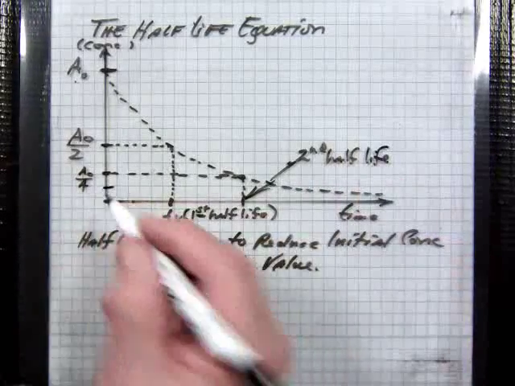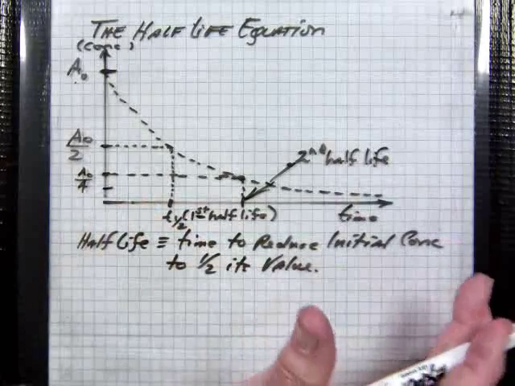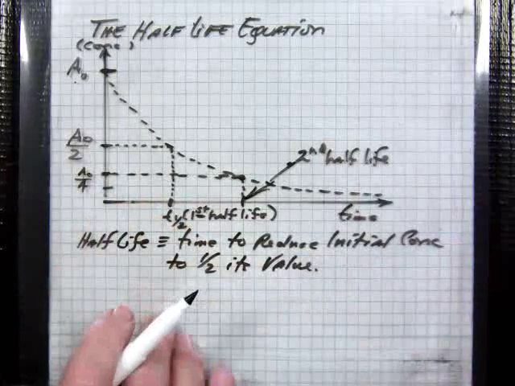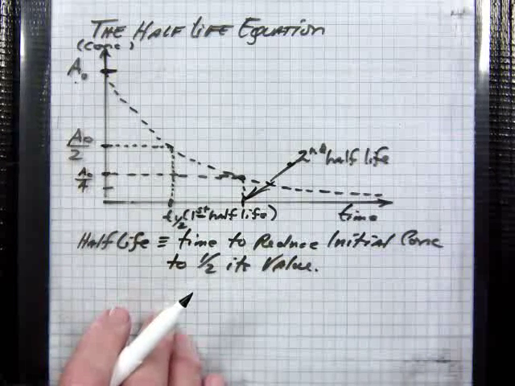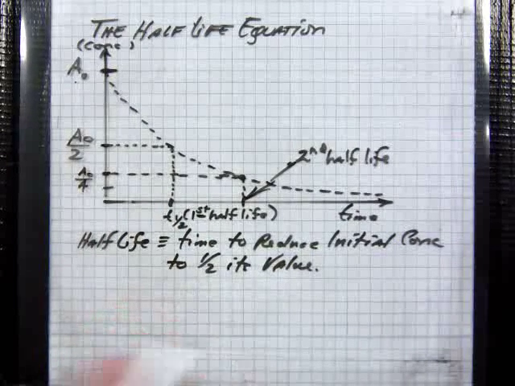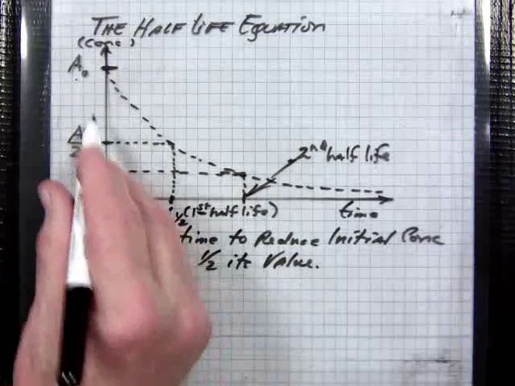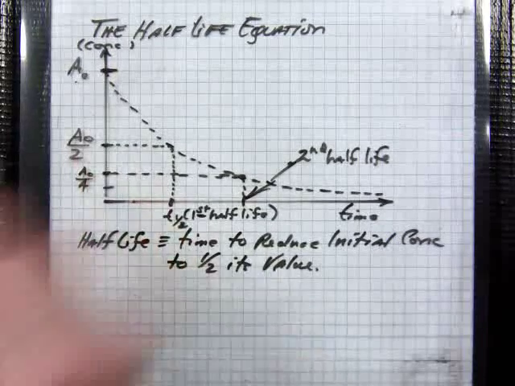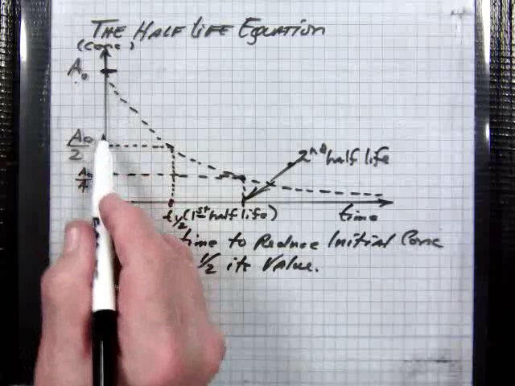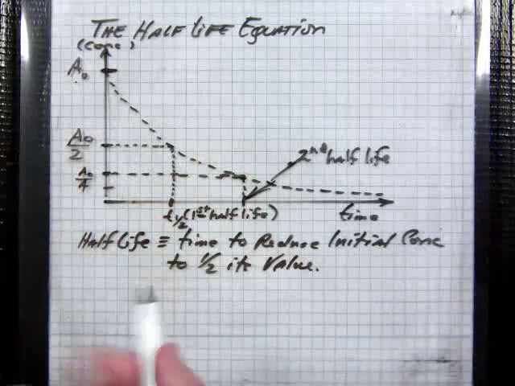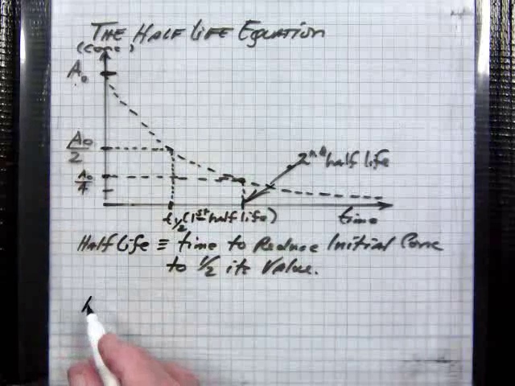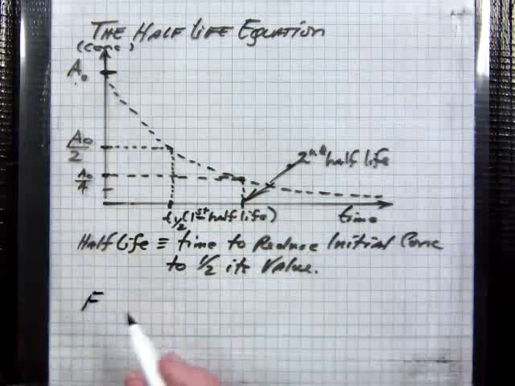And then, of course, the third half-life, fourth half-life, and so forth. Now, you'll find that one thing that's unique in the first order decay is that all half-life values are the same. It's a constant. So the time for half-life 1 equals the time for half-life 2. And that's exclusively for a first-order decay equation.